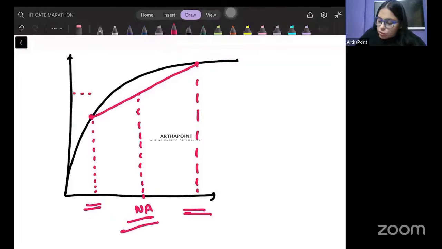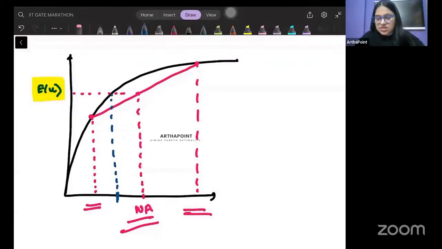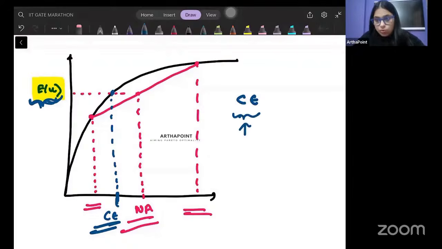We were getting some utility from this and this was called expected utility. That money which gives you the same utility as this expected utility, but that money is certain. The money here which gives you the same utility as expected utility is called certainty equivalent. I hope you remember these concepts. So certainty equivalent is the certain, fixed amount that gives you utility equivalent to expected utility.